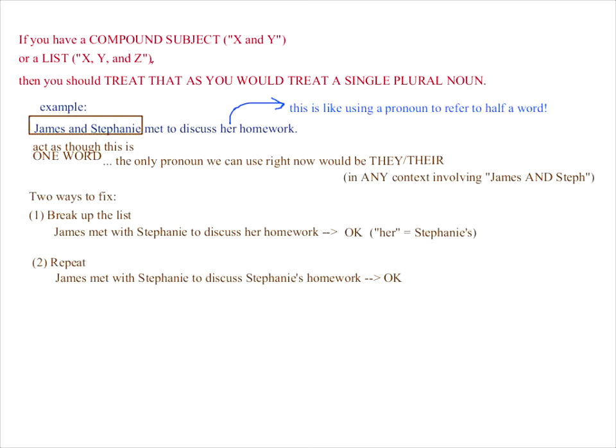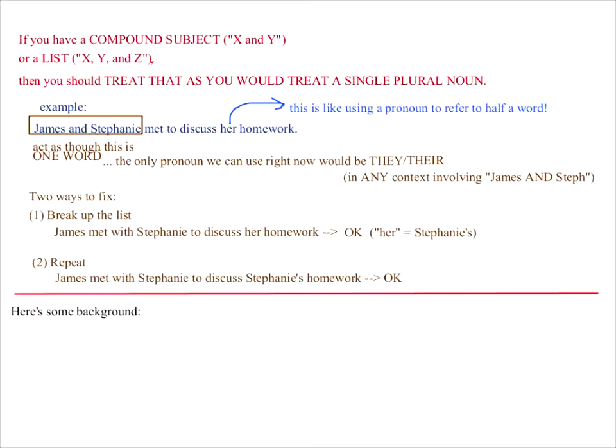Okay, so let's talk about this. Let's say that, here's a little bit of background. Here's some background. Let's say that Professor X won a Nobel Prize, and that Professors X and Y are standing on a stage.